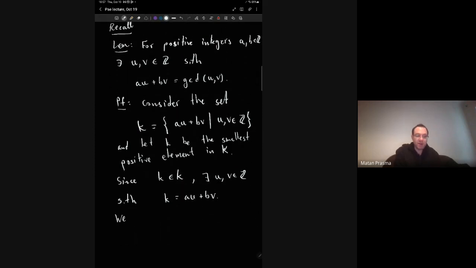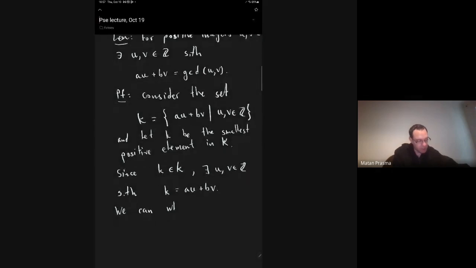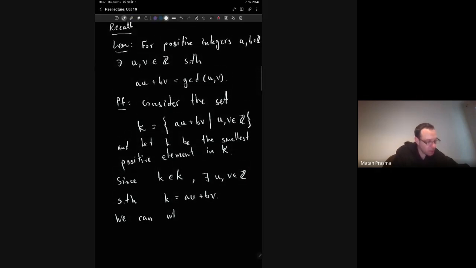We can also do long division of A by k, and we can write A as k times Q plus R, with R strictly smaller than k and bigger or equal to 0.